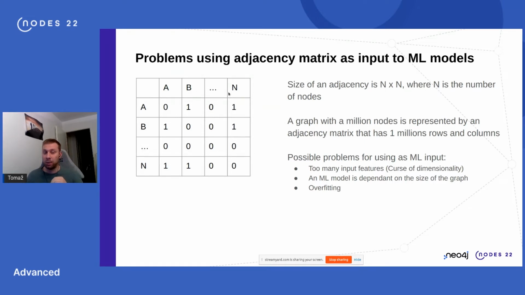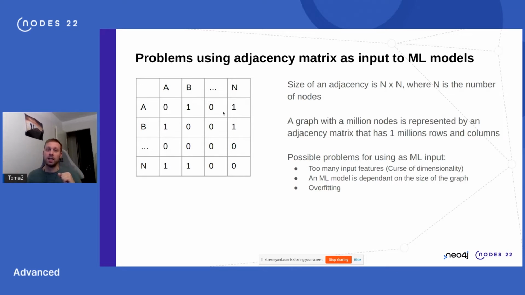But having 1 million columns is, in the machine learning context, like having 1 million features that describe your data point. Anybody who's ever worked with machine learning models knows that 1 million features would be too much to make it workable with most models. So you've got the curse of dimensionality, which is too many features.